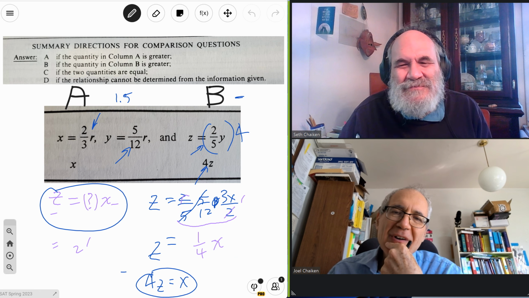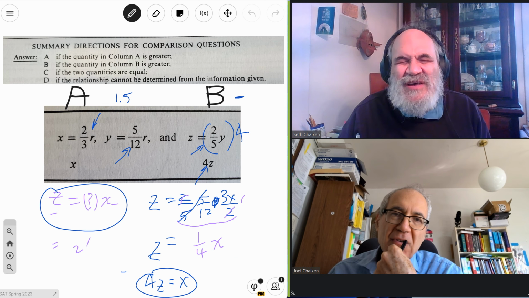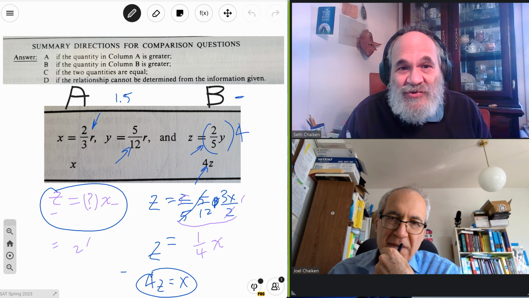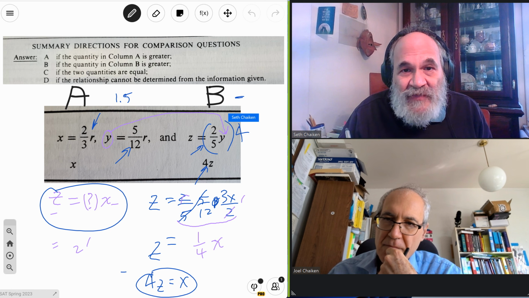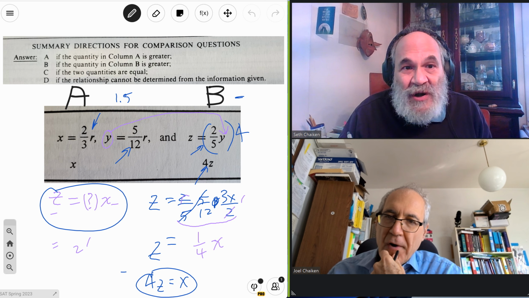I don't know. I mean, substitution, when it's done neatly. Substitution is elimination. Yeah, same thing. What I did was substitute. I substituted this expression for y into y, and then instead of substituting x, I had z in terms of r.